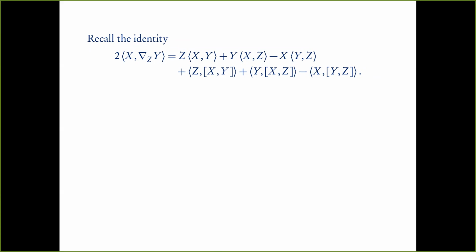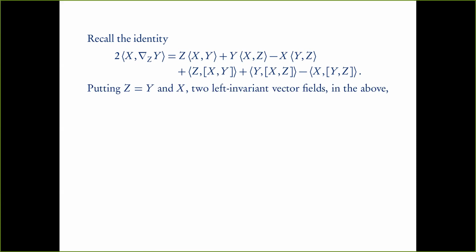So now what do I want to do here? Well, I want to plug in z equal to y and x equal to x, but all of them are left invariant vector fields. So what do I get if I plug this in? What you should note is what happens to the first term over here. It is the inner product <x, y>, and then you differentiate that function along y.